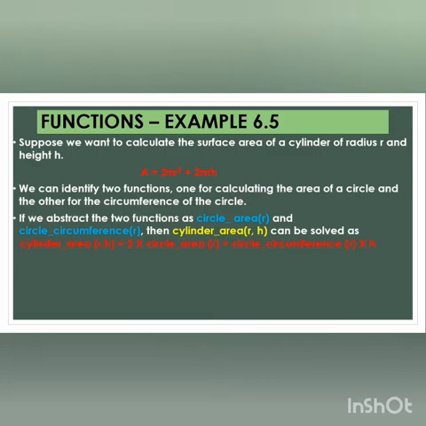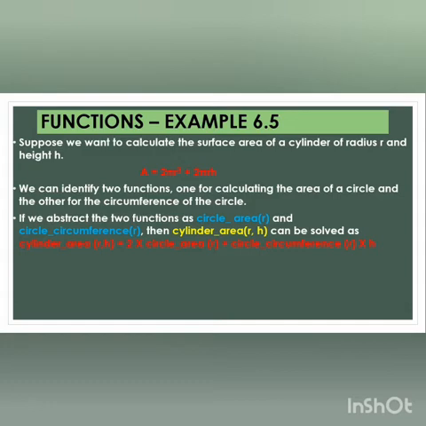If we want to calculate the surface area of a cylinder of radius r and height h, we have the formula A = 2πr² + 2πrh. Here we are using 2 formulas, one for the area of a circle and another for the circumference of a circle.